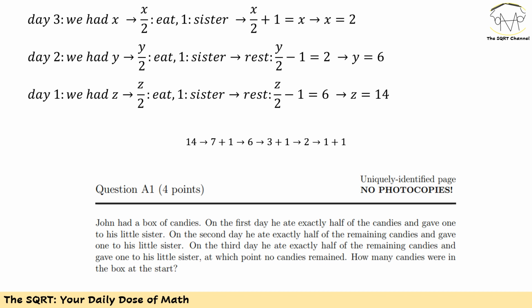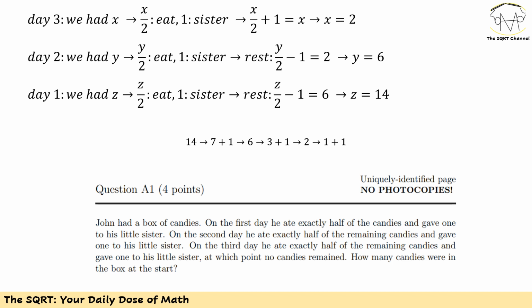And remember, we calculated that at the beginning of day 2 we had 6 candies, so Z over 2 minus 1 is going to be 6, and Z is going to be 2 times 6 plus 1, which is basically 14. So based on the calculation that we have, Z, or the number of candies that John has at the beginning of day 1, is going to be 14.